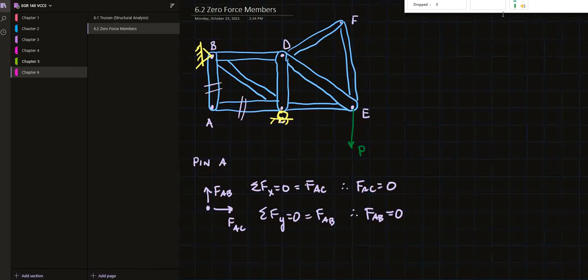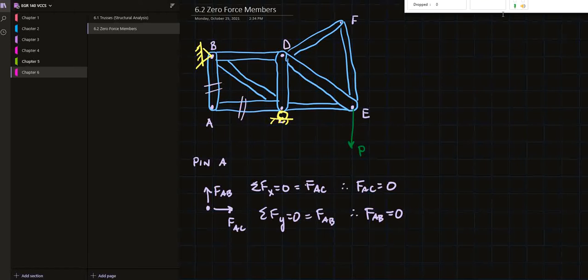Over here, we can do the same thing. Let's assume FE is vertical. It's not drawn very well, but assume it is. And it's not really even necessary.